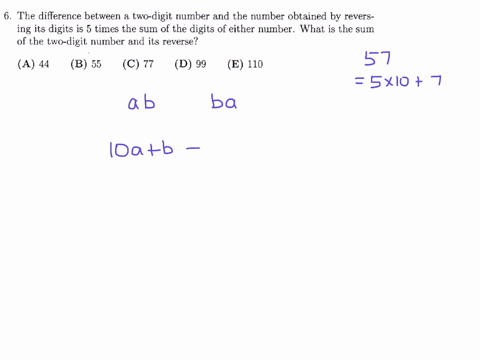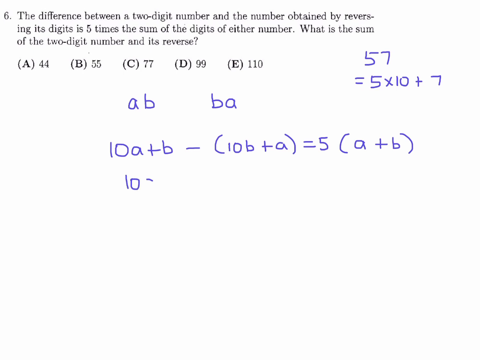Then we want the difference, so we have to subtract from that BA, which is really 10B plus A. And they're saying that is equivalent to 5 times the sum of the digits of either number, so basically 5 times A plus B. So that is the interpretation of the wording of the question. So let's proceed.